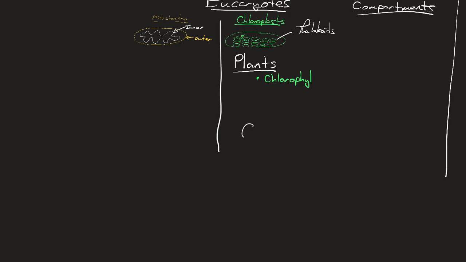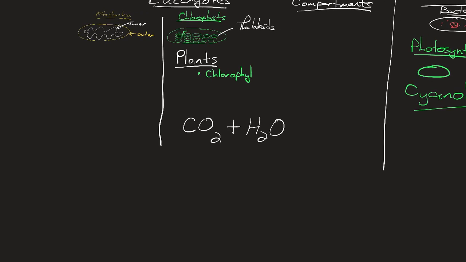Chloroplasts take CO2 and they add it to water in the presence of light, because you need light for energy.